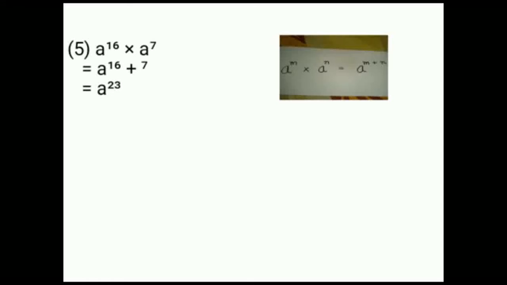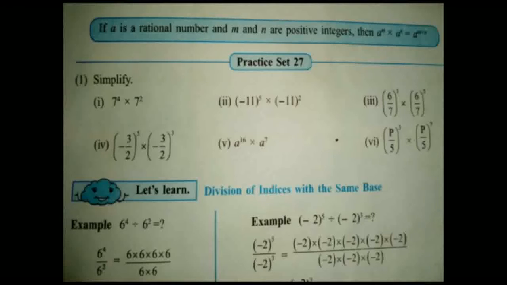Correct answer is a raised to 23. Next, p upon 5 raised to 3 into p upon 5 raised to 7 is equal to p upon 5 raised to 3 plus 7. Answer is p upon 5 raised to 10.